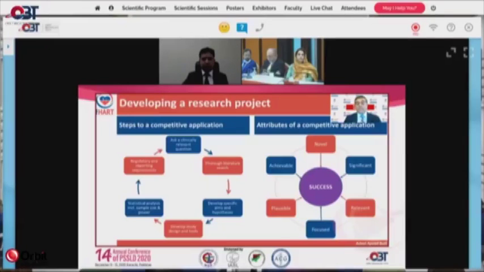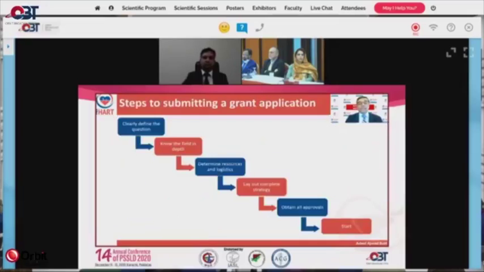In other words, you have to demonstrate that whatever question you're posing or putting through the research grant is actually answerable through the grant mechanism and the funding that you will receive, and that you have the capacity and the skill set to answer that question. So these are the steps I listed for submitting a grant application.